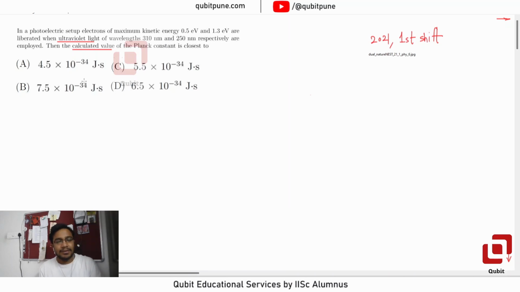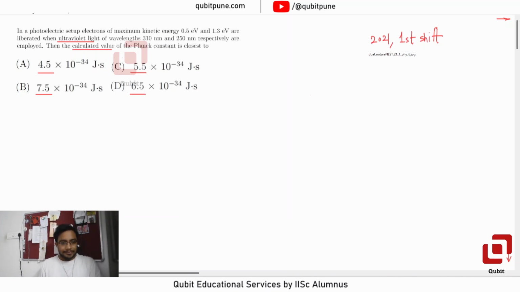Observe that all four options are in SI units, with the power of 10 being negative 34, and only the numbers are different. Here it is 4.5, 7.5, 5.5 and 6.5. Okay.